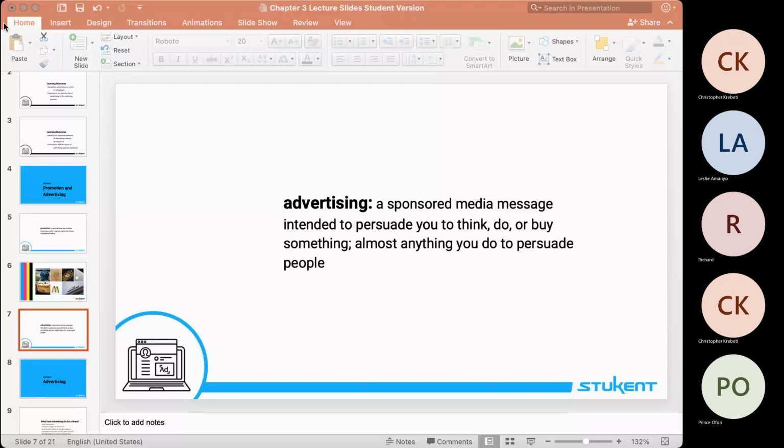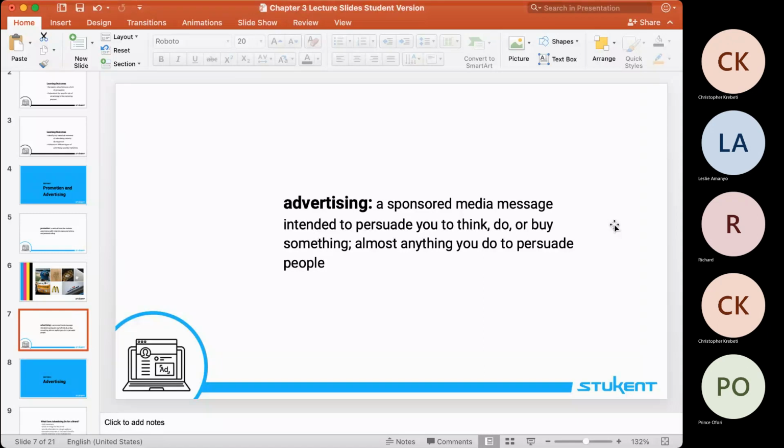So then we say it is a sponsored media message. Whether you've paid for it or not, it's still sponsored because it belongs to a particular brand. The intention is you want to persuade somebody, not just persuading the person without any tangible reason, but you persuade the person to think about it, or to do something, or to buy something.